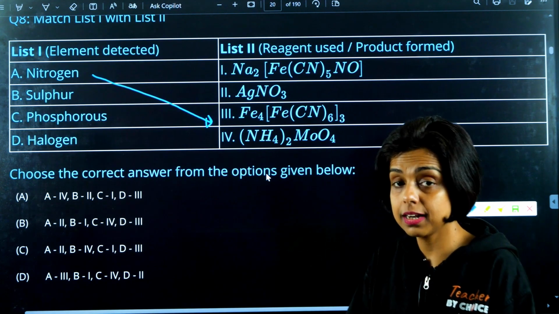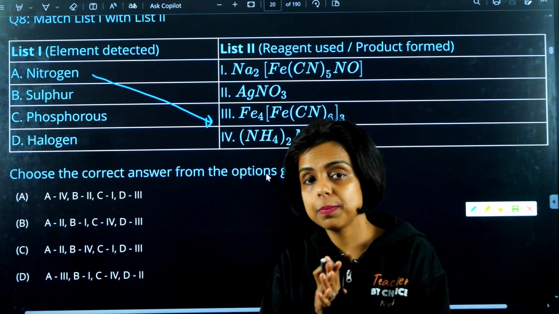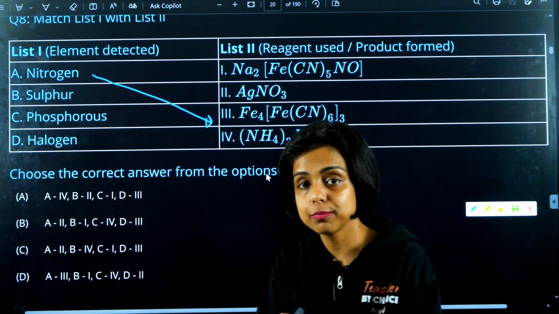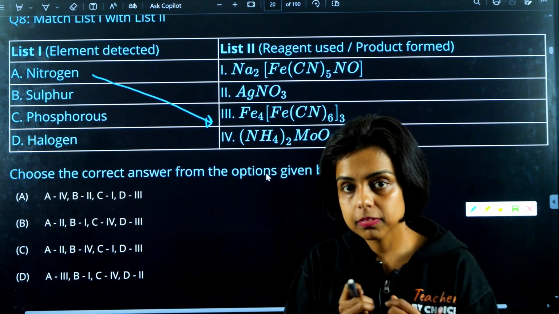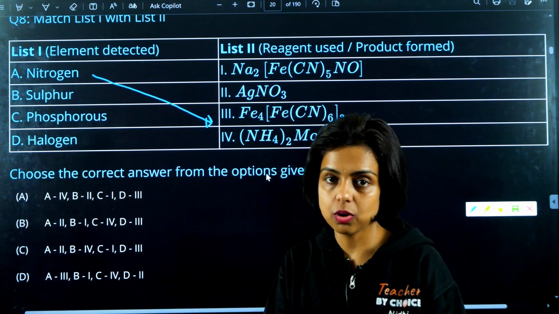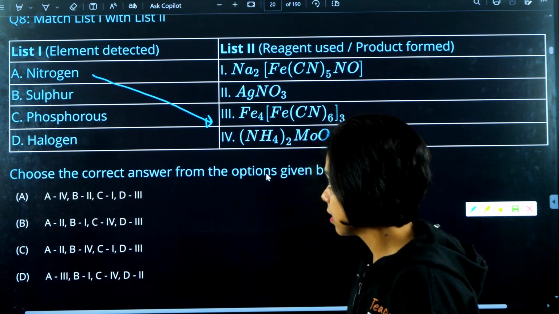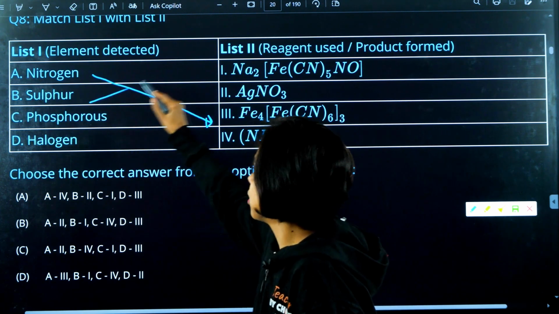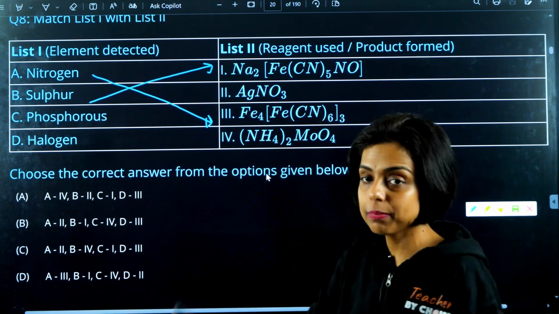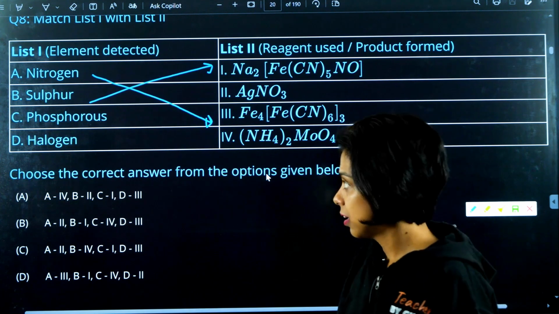It is there in your NCERT. Please read the basic principles of organic chemistry, where there is theory given related to the detection test or qualitative analysis, quantitative analysis. Sulfur, sulfide ion, sodium nitroprusside test. This is the sodium nitroprusside test, sulfide ion, right?